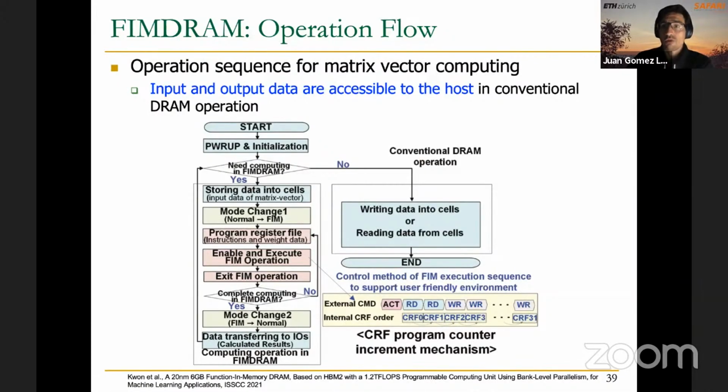So notice that if we want the host to access, we will have to use the memory in the single bank mode. If we want to compute, we will have to go to this all bank PIM mode. So what this means is that the host can access the data in single bank mode, while in the all bank PIM mode, we have the compute units accessing the data.